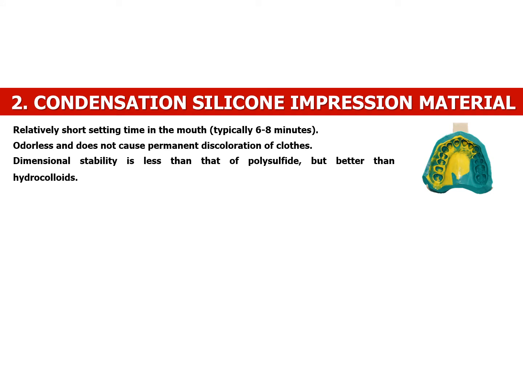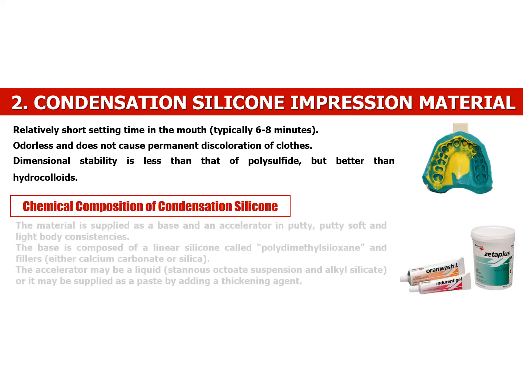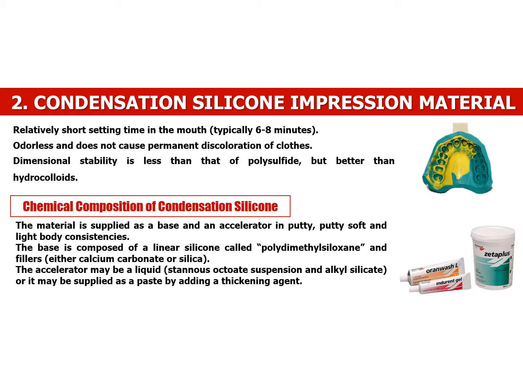However, its dimensional stability is less than that of polysulfide. The chemical composition of condensation silicone: the material is supplied as a base and accelerator or catalyst in different consistencies, in the putty, putty soft, and light body consistency.